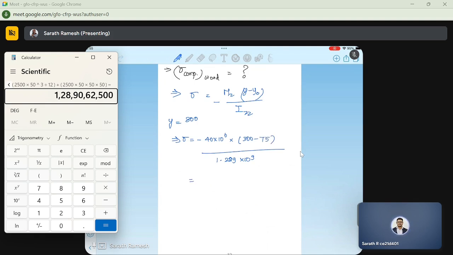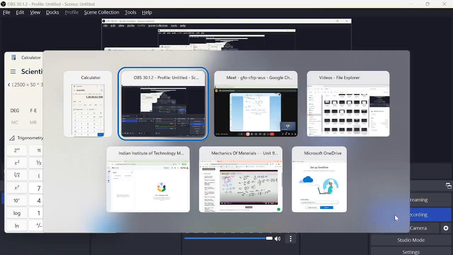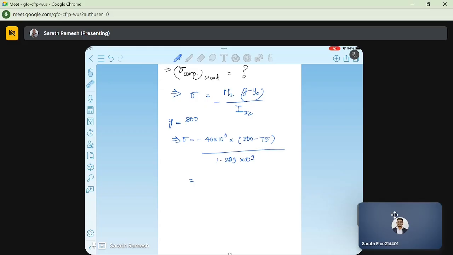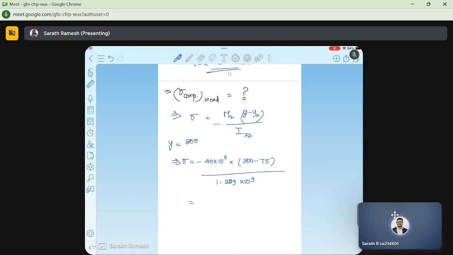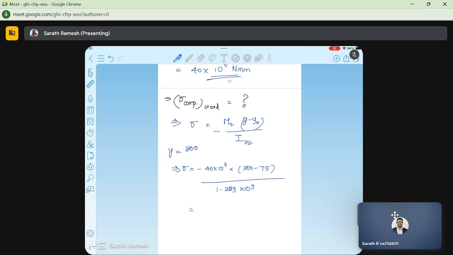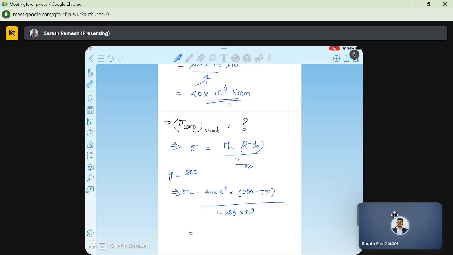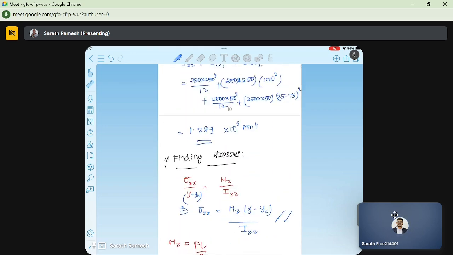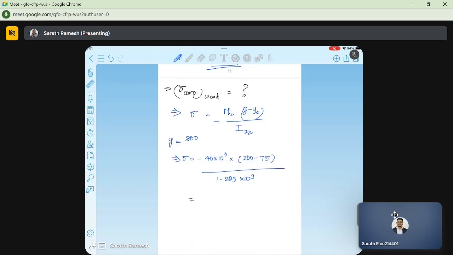This gives us the compressive stress. So y equal to 300. Sigma equal to minus My by I, we just substitute the values. All are in Newton mm, so we'll get it in Newton per mm square.